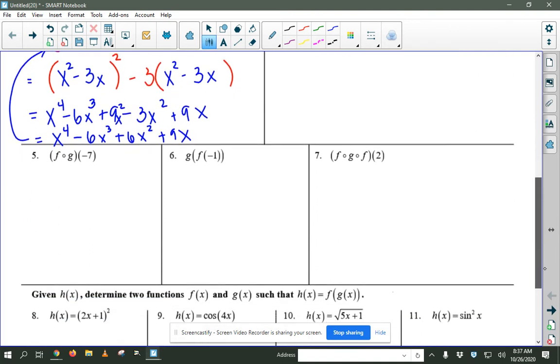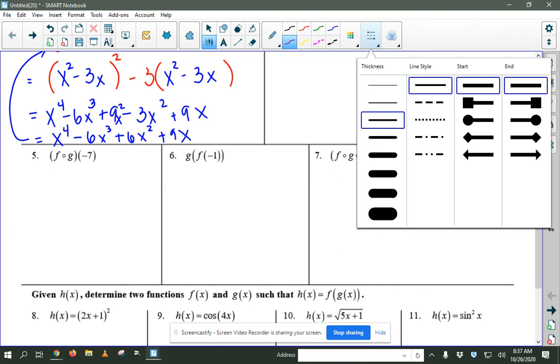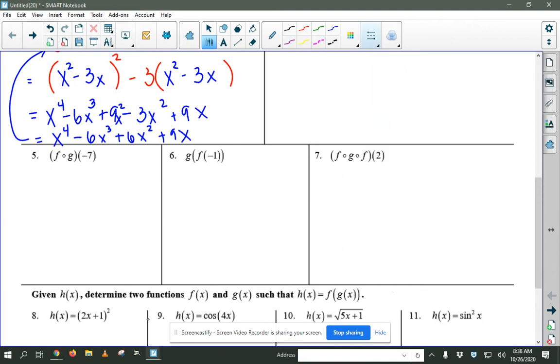Okay, so let's talk about how to evaluate these functions at a particular x value. When I go to evaluate, I always want to evaluate the inside function first. Sorry, I have no idea what's happening with this marker today.